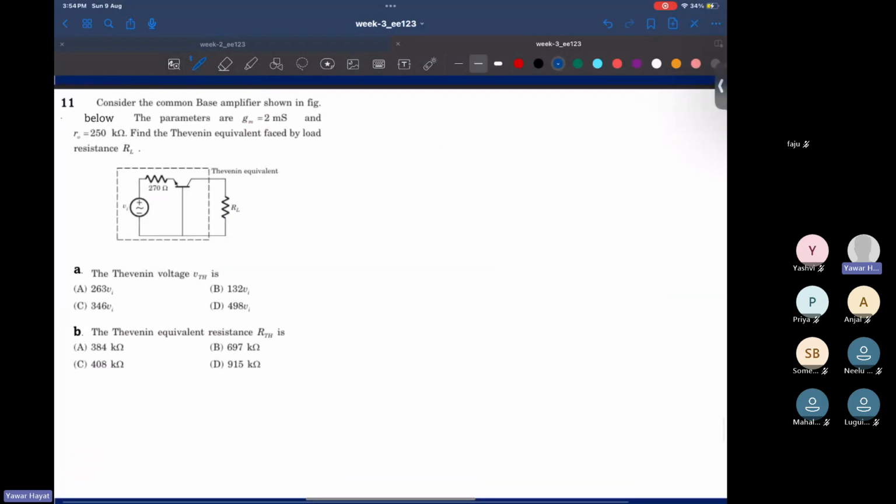Now this one, question 11. I'll wait again for a couple of minutes and then probably start solving it myself.